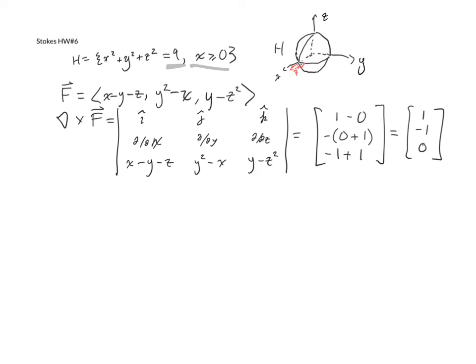So I've drawn one of the normal vectors pointing off from like the pole at the equator towards the positive x-axis. And they ask us to compute something I did not write down yet, which was the double integral over h of the curl of f dot n hat ds.